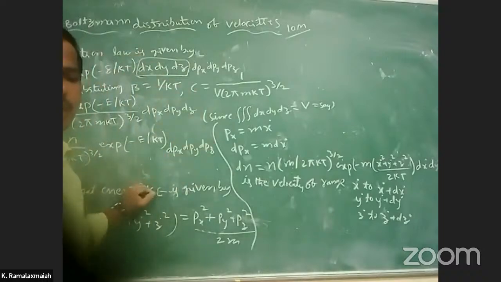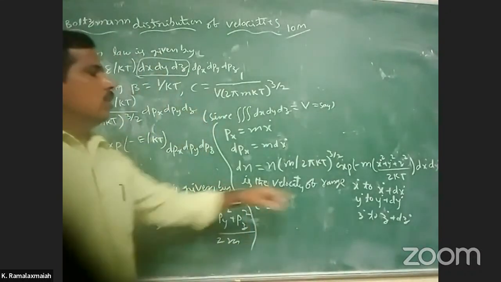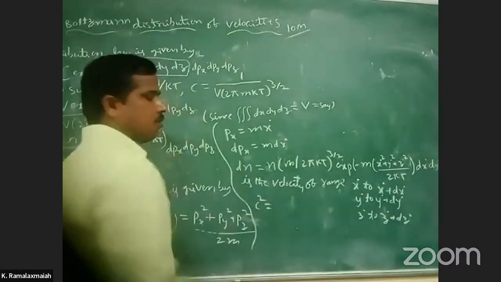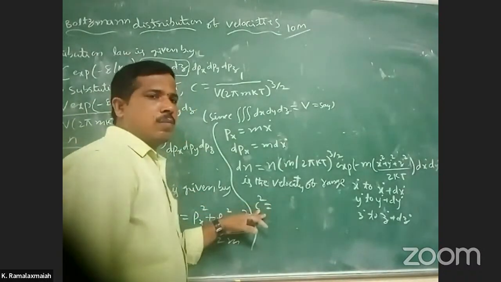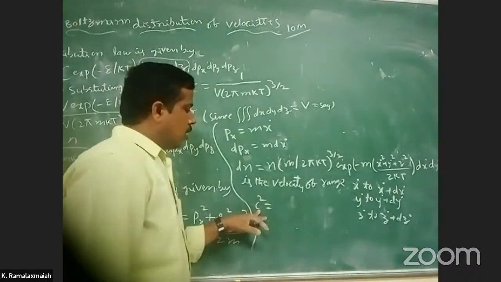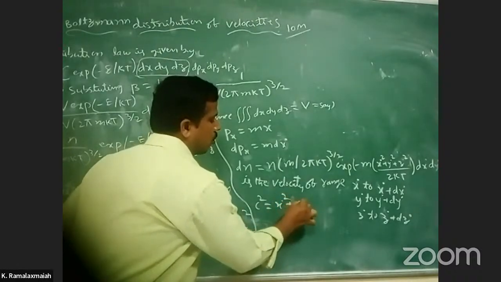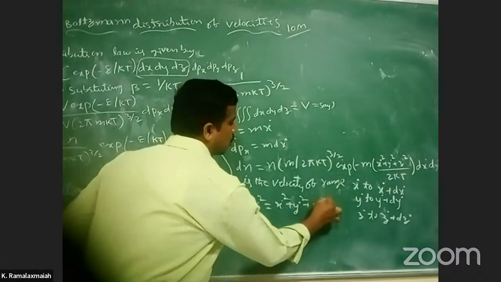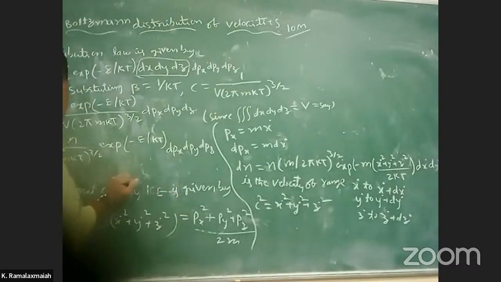Then c square is equal to x dot square plus y dot square plus z dot square.